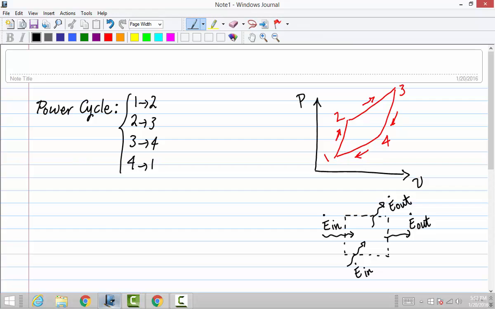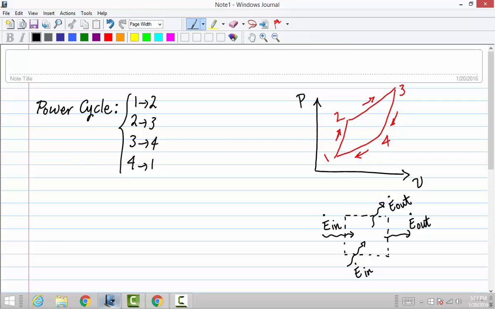So it's going to end up at the same initial point that it started. Here we have four different processes: 1 to 2, 2 to 3, 3 to 4, and 4 to 1. And each of these numbers is one state or one checkpoint.